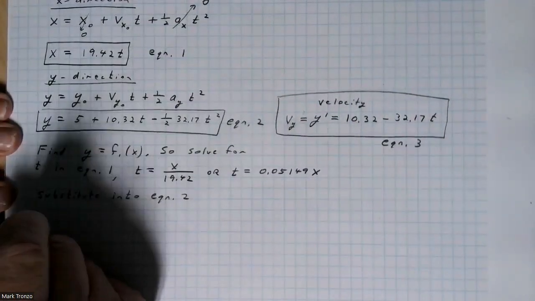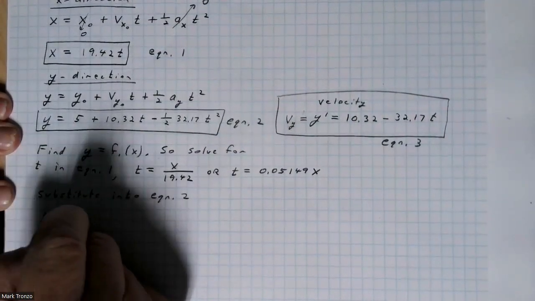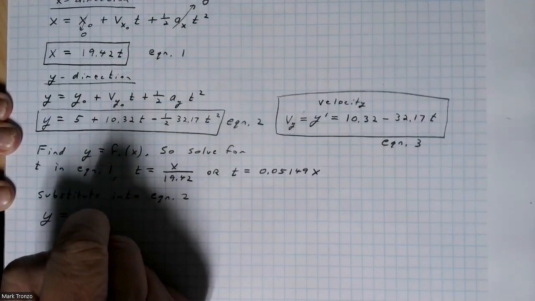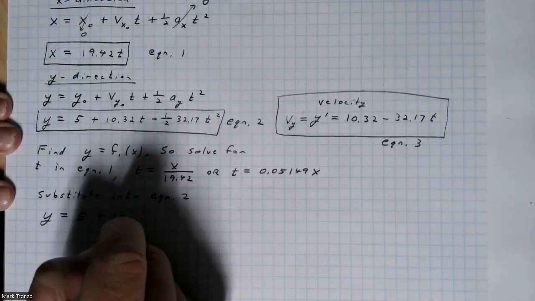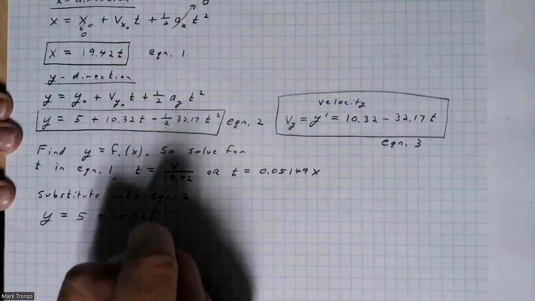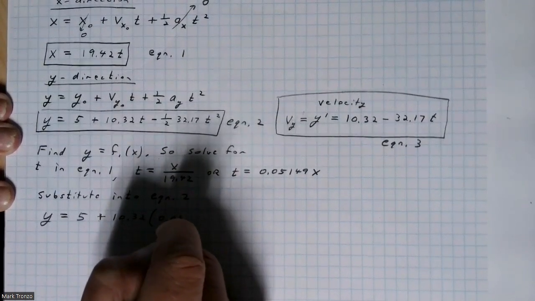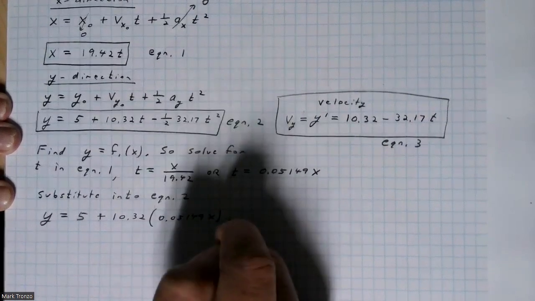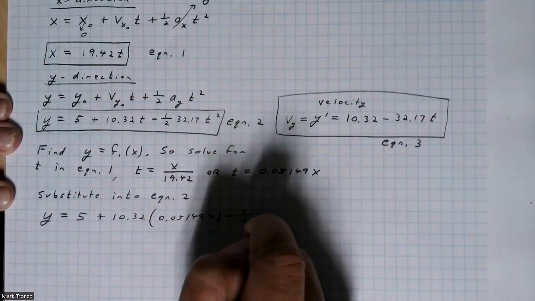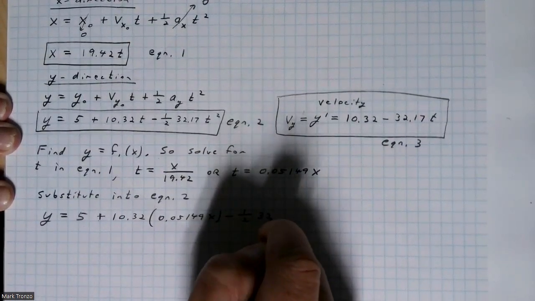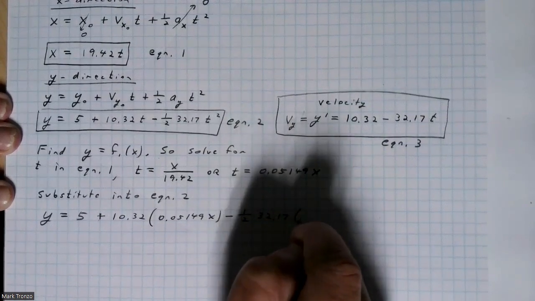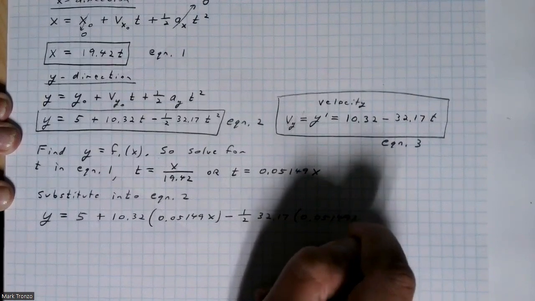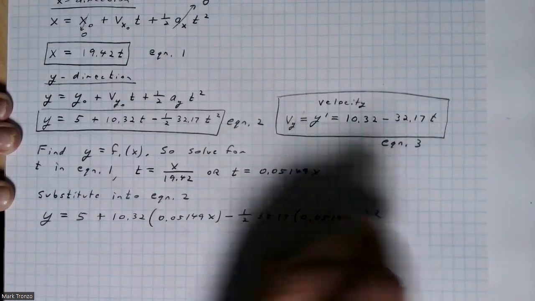And when we do that, we're going to have y equal 5 plus 10.32 times 0.05149x minus 1/2 times 32.17 times 0.05149x squared.